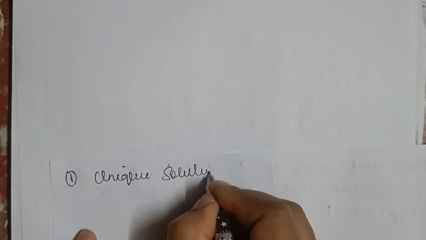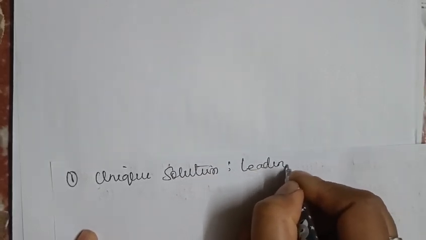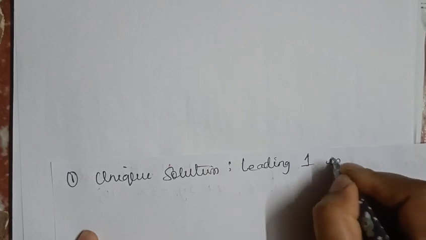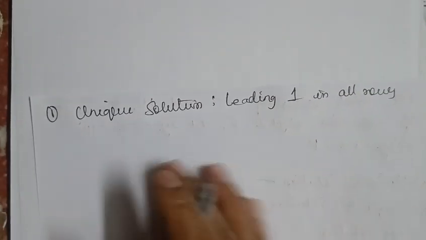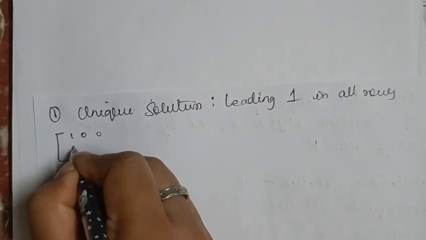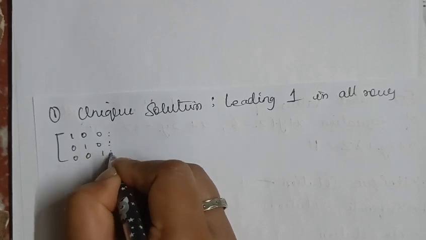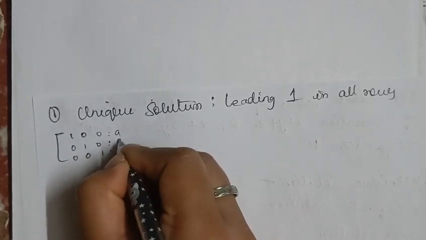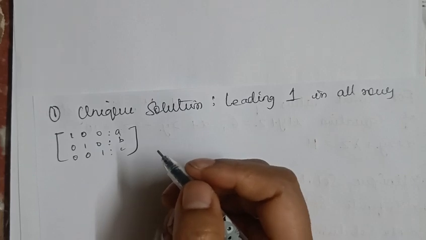In order to find the unique solution, we should have a leading one in all rows, which means it should be something like this. For your understanding, I'm writing this. Some value here, A, B, C. Any value here, A, B, C.